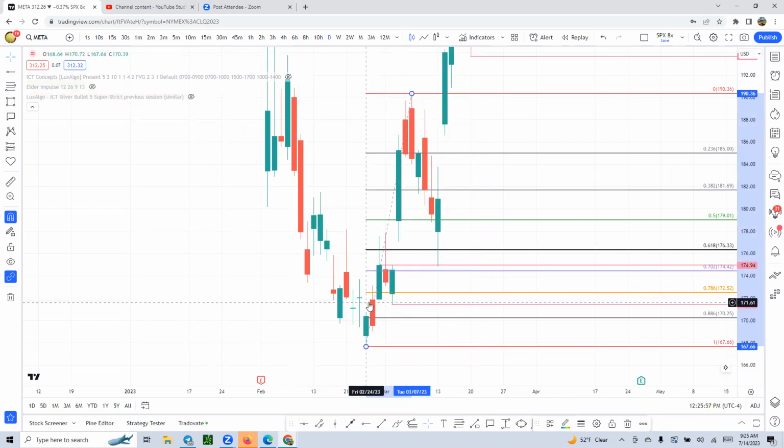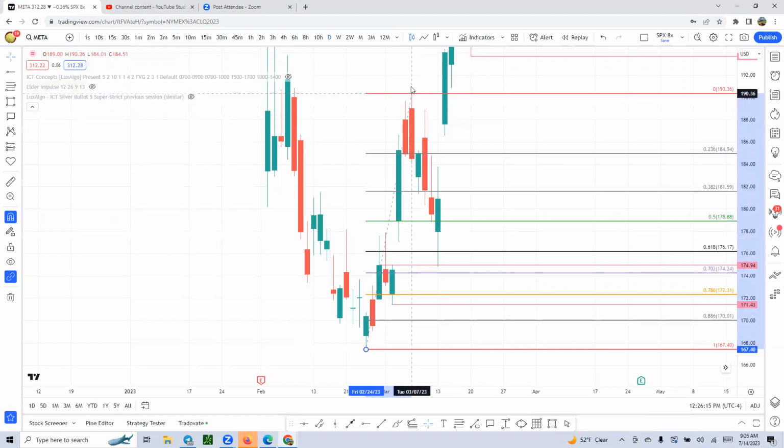As soon as you have this swing high created right here, immediately, like on this day, when this candle closed, you can automatically put your fib on here and just watch to see what level it's going to retrace down to on the fib.